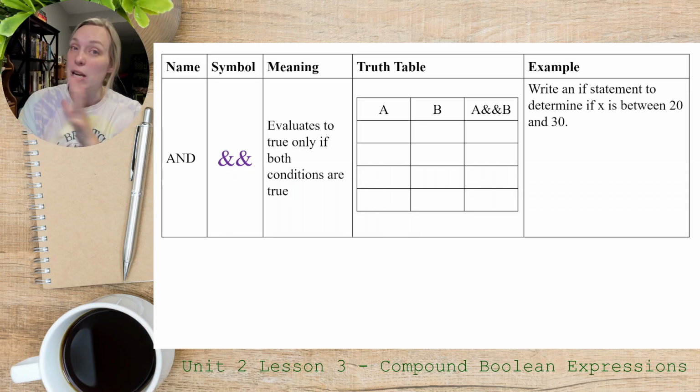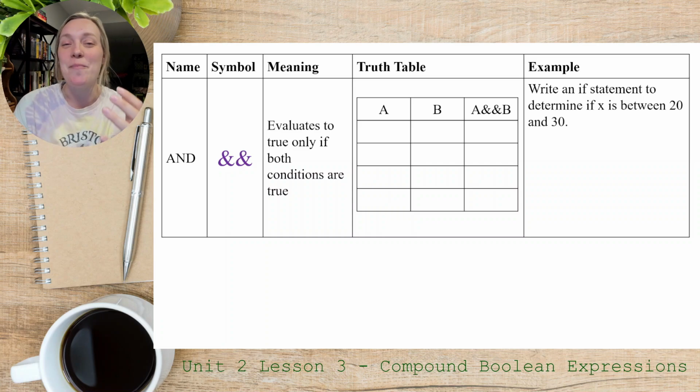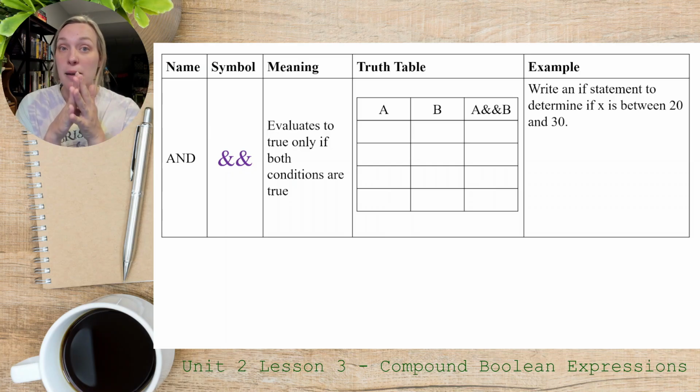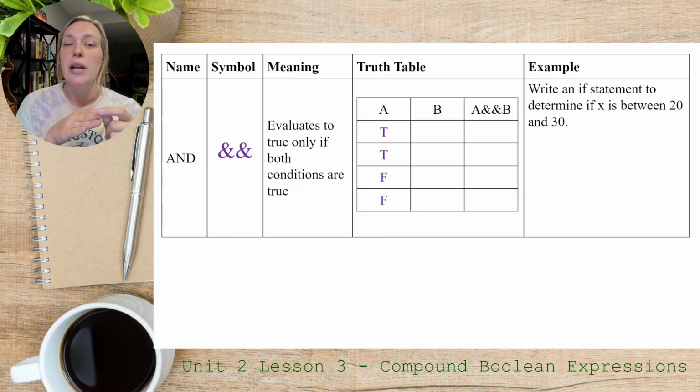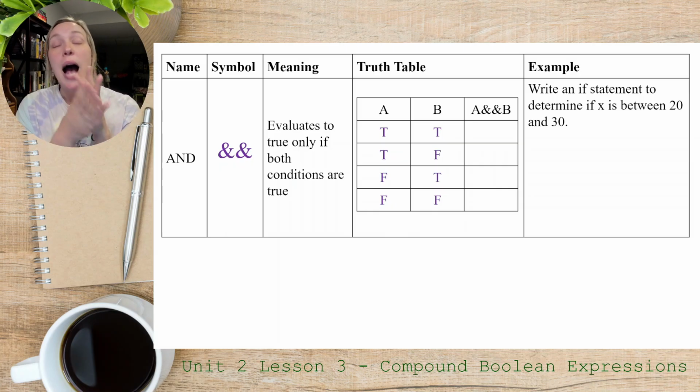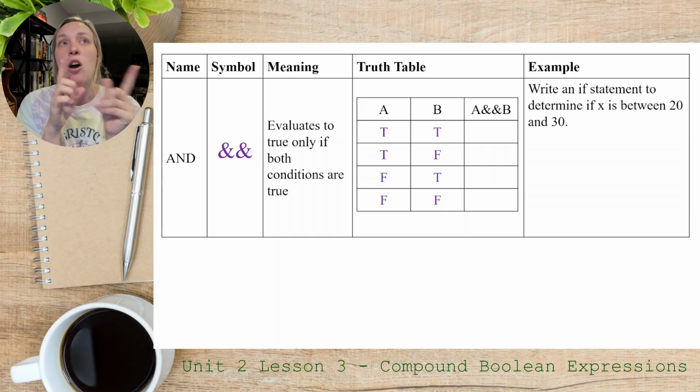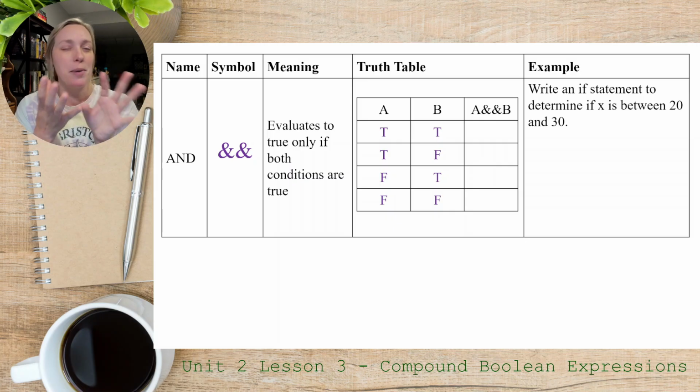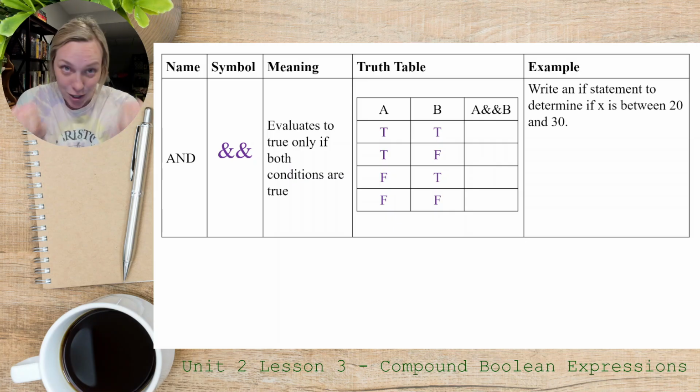The way a truth table is set up, because we're going to be making quite a few truth tables here, is we start with 2 variables. I'm going to call them A and B. They can be called whatever, X, Y, just whatever. What we do is write down all of the combinations of true and false we can have with A and B. If A and B are 2 Boolean values or 2 Boolean comparison values, they evaluate to true and false.